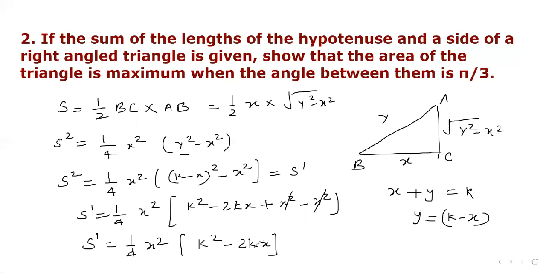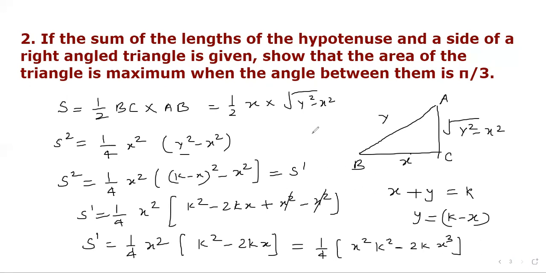So we have got the expression for S square. We can open the bracket. So this will become 1 by 4, we can keep outside. So this is x square times k square minus 2k, it will become here x square is being multiplied, 2k times x cube.